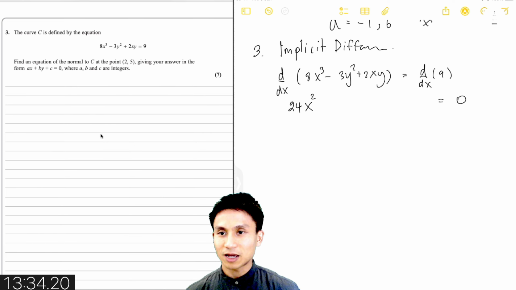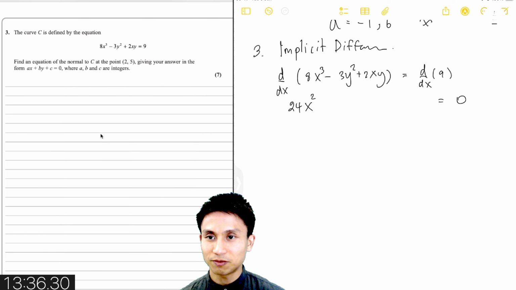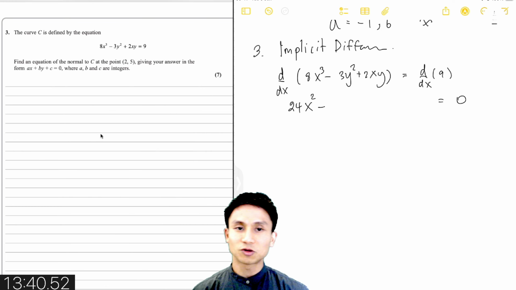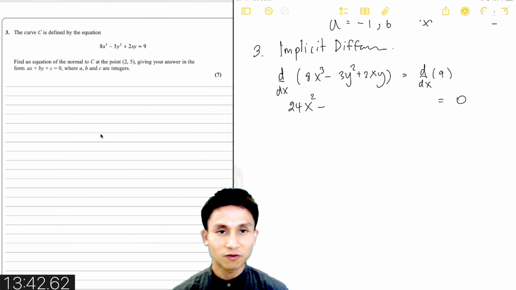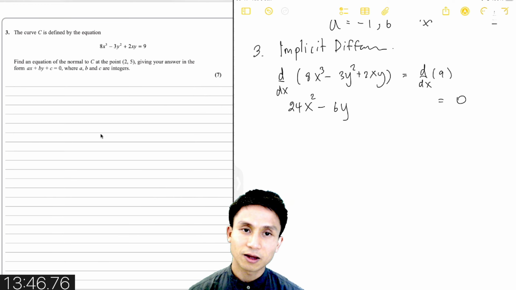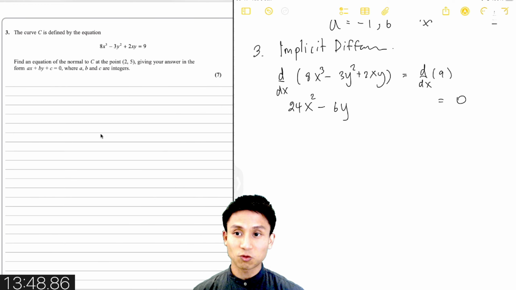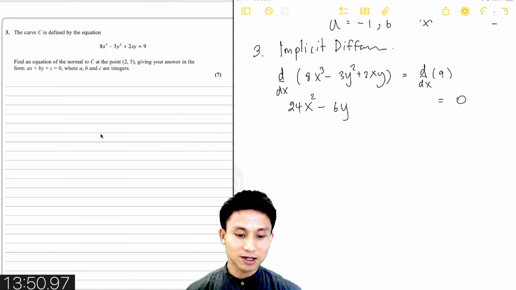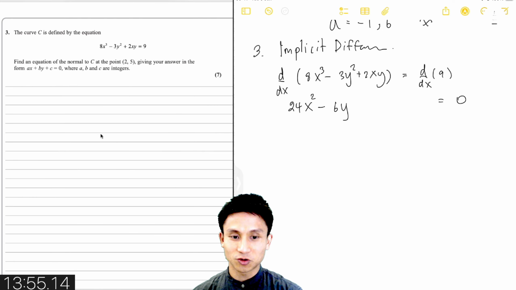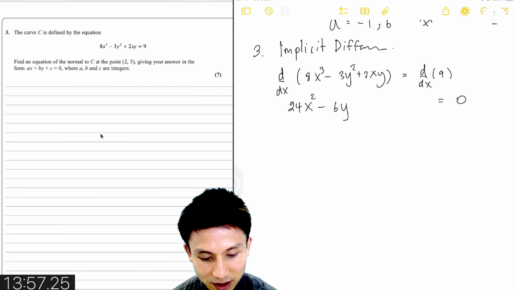Just as you would differentiate normally in P1 and P2 and P3. But now for the y, the second term, so minus, the second term is differentiating 3y squared, so bring 2 down, you get 6y. So that is as if you looked at y as an x, but because y is not what we differentiate with respect to, we are differentiating with respect to x, right?